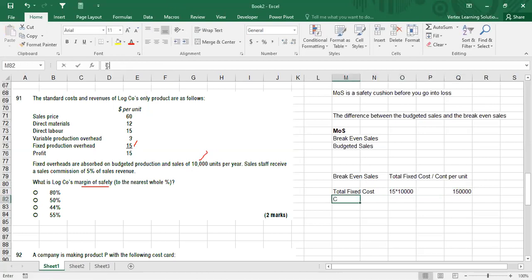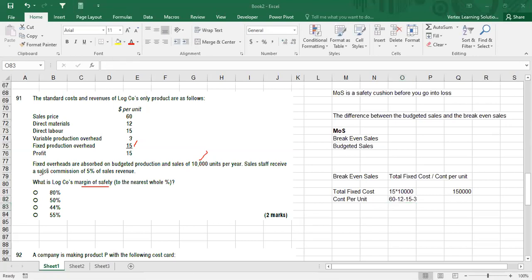And then what is my contribution per unit? Contribution per unit is sales price minus variable cost. So how much is the sales price? That is 60 minus variable cost: material is 12, minus labor is 15, minus variable overhead is 3. And then there is one more thing which you should not ignore.